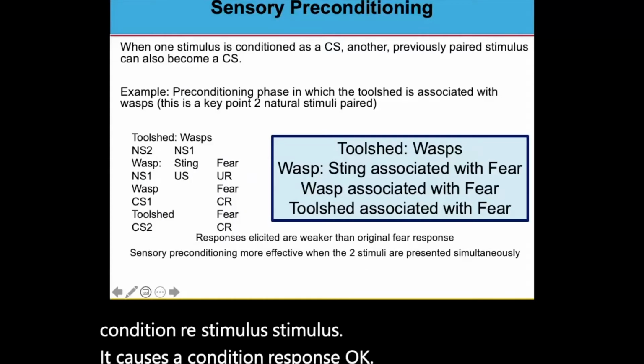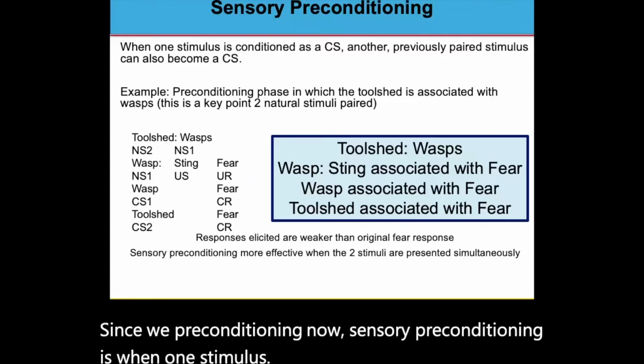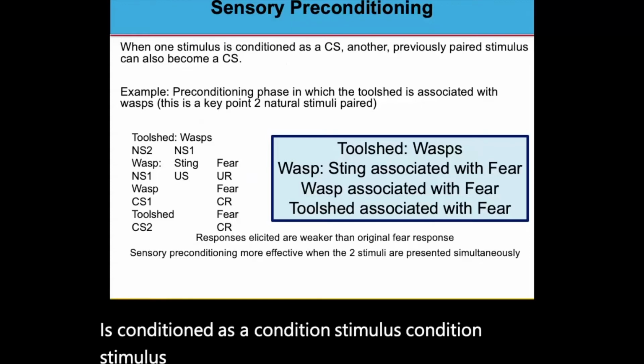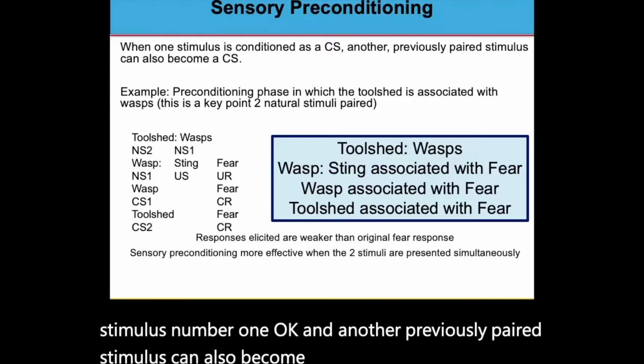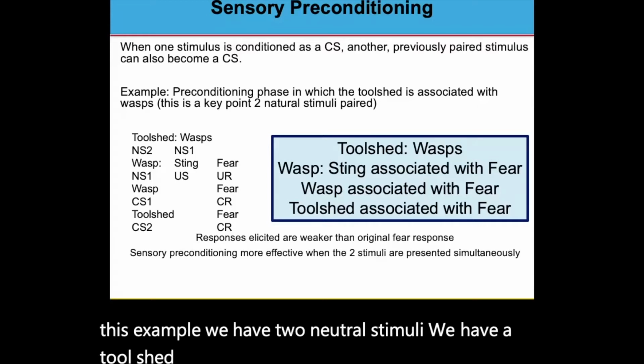Sensory preconditioning. Now, sensory preconditioning is when one stimulus is conditioned as conditioned stimulus number 1, and another previously paired stimulus can also become a conditioned stimulus. So in this example, we have 2 neutral stimuli: a tool shed and a wasp.